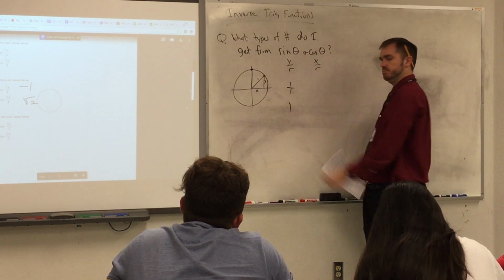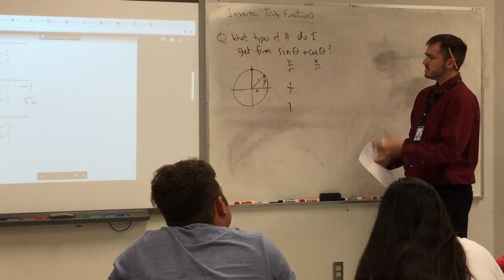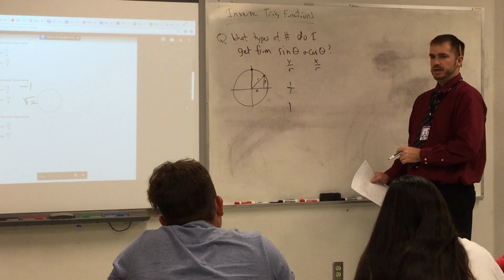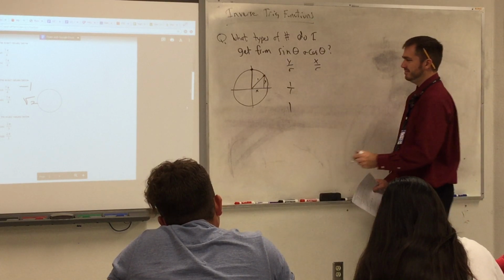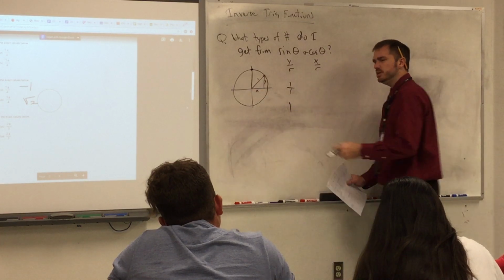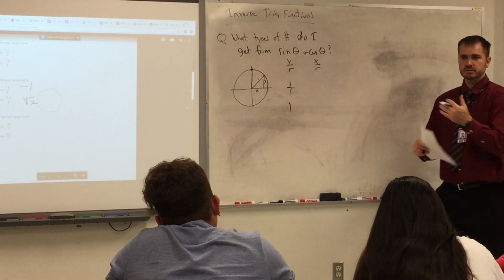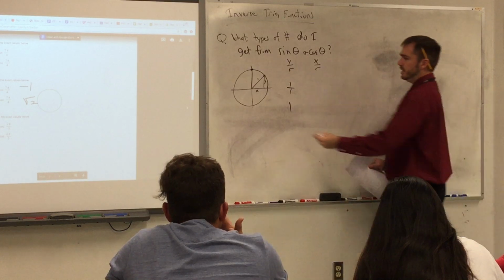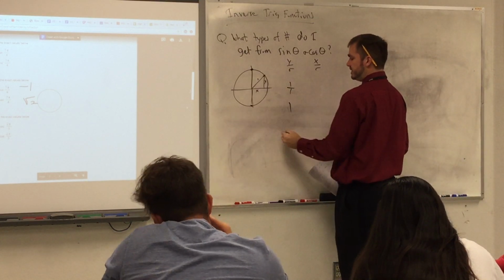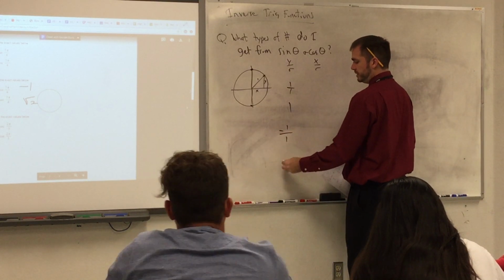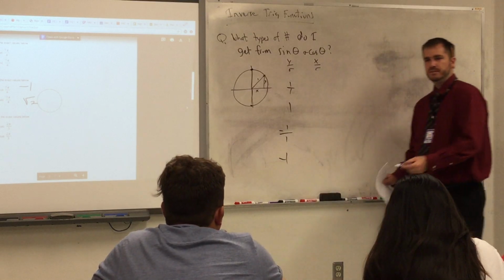Which is 1. What's the smallest y value that I could have? Like absolute value? No, it's like the most negative value. Negative 1. My y value could be all the way down here. And if that's the case, I'd be at negative 1 over 1, which is negative 1.